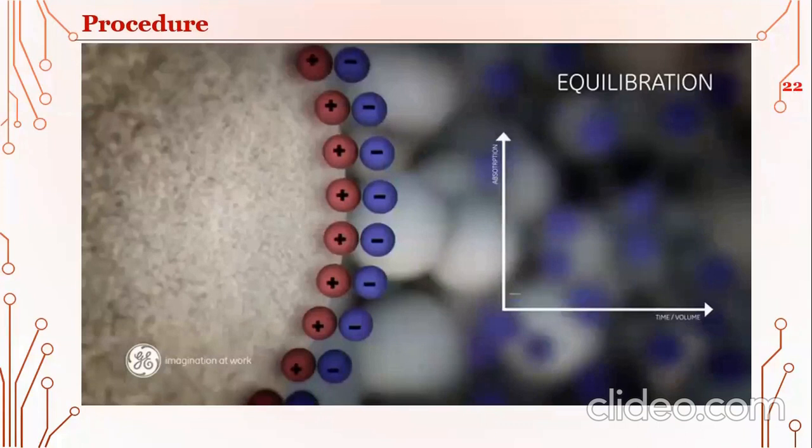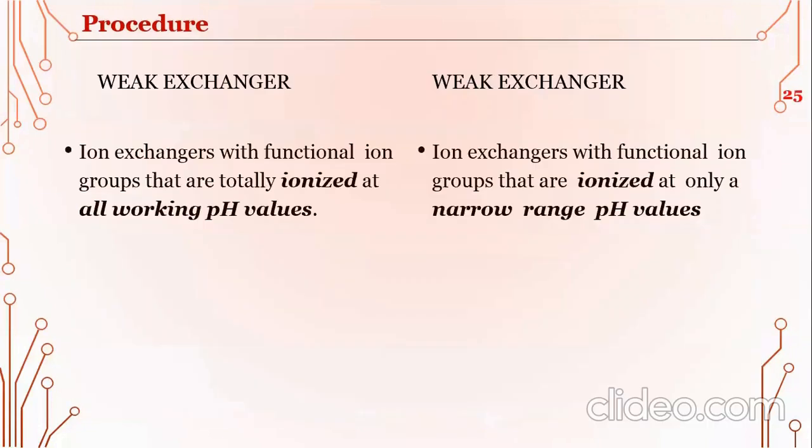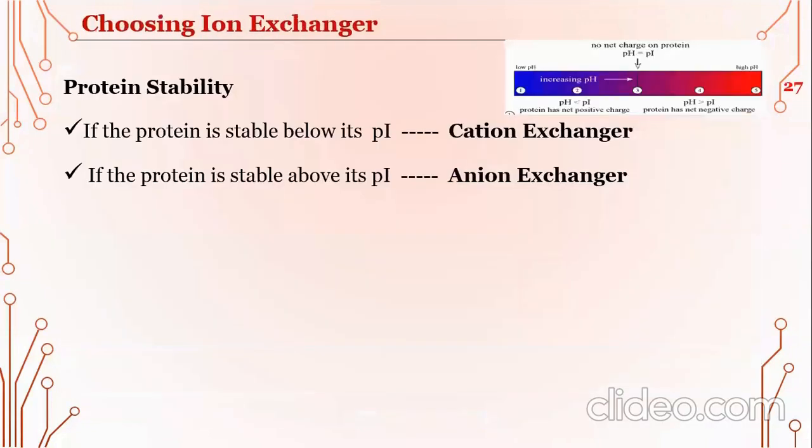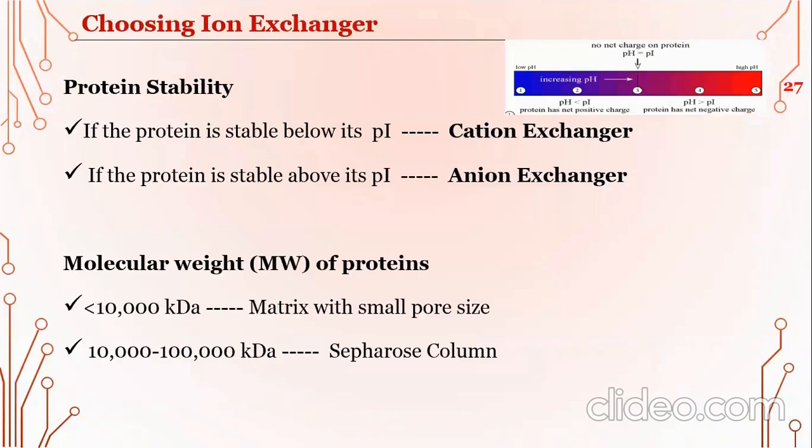If the protein has a pH level below the isoelectric point, then we use the cationic exchanger, because we need to remove the positive ions. We need to exchange the positive ions to get the protein to the isoelectric point. If our protein has a higher pH level, then we use the anionic exchanger to exchange the negative ions from the protein.